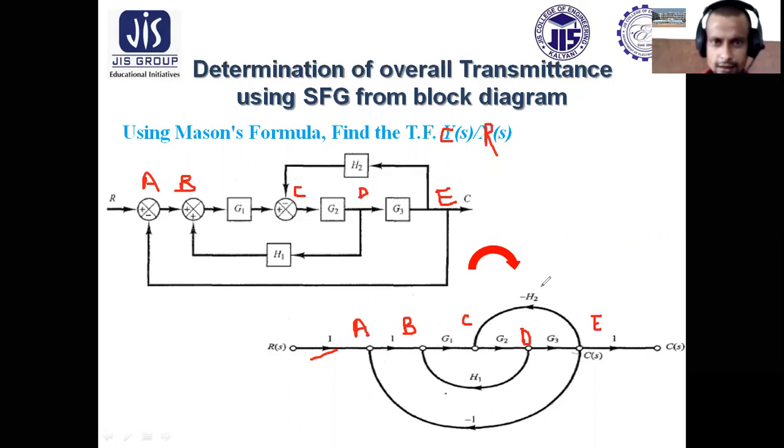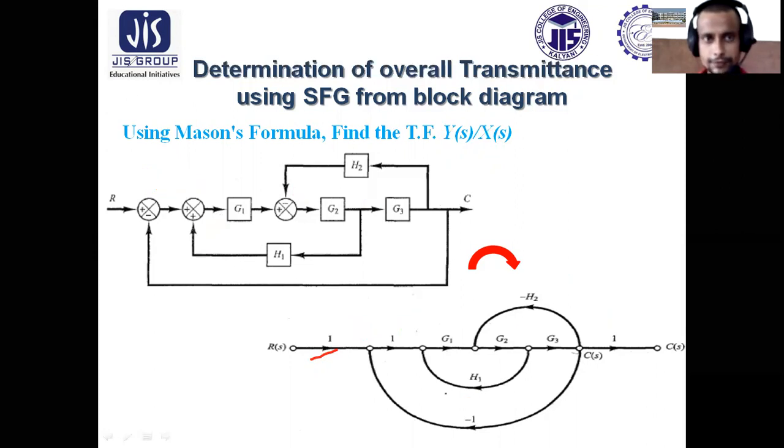In between E and A, there is minus 1. In between D and B, there is H1. See, this H1 enters the plus terminal of the summer, so this is only H1, not minus H1.